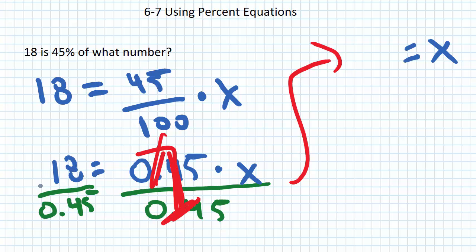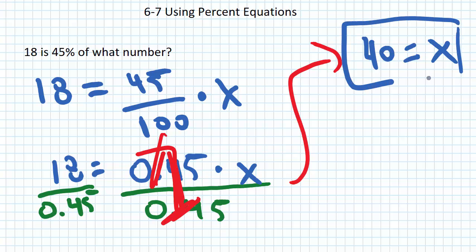Okay, I'm dividing something into 18. If I'm dividing 18 by 2, I'm cutting it in half. But if I'm dividing by a decimal number less than 1, the result is going to be bigger than 18. All right, and in fact, when I take 18 and divide by 0.45, I get 40.